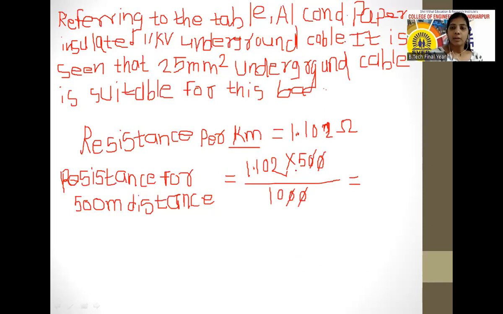Okay, now tell me the calculation. 0.55 ohm.